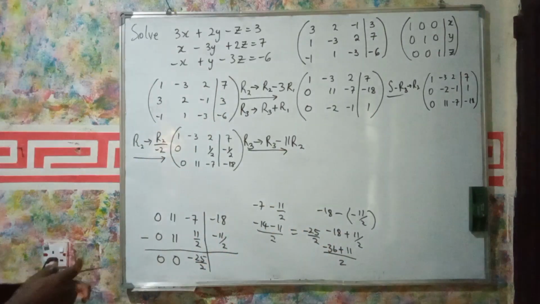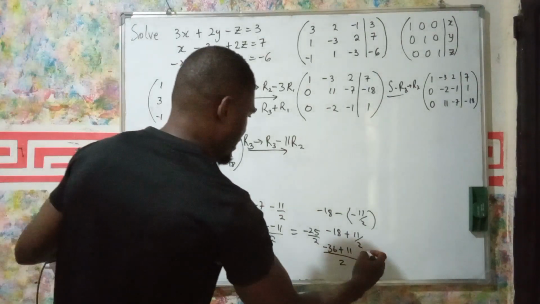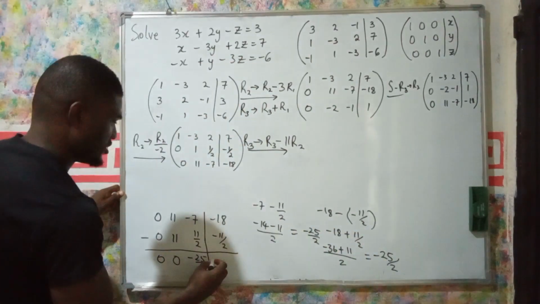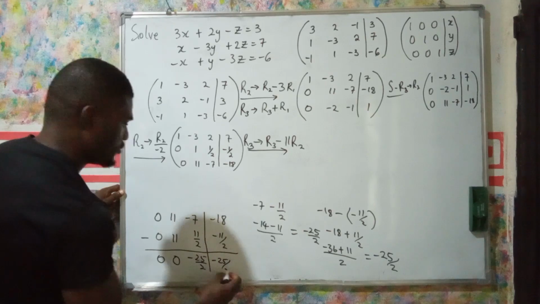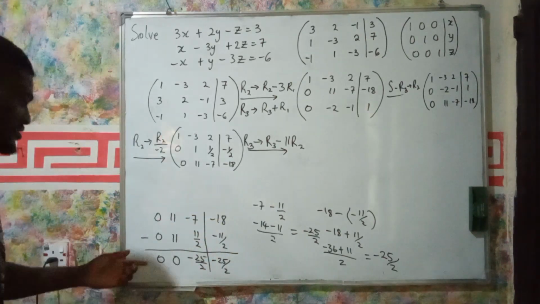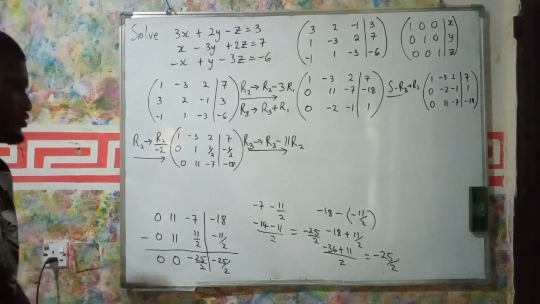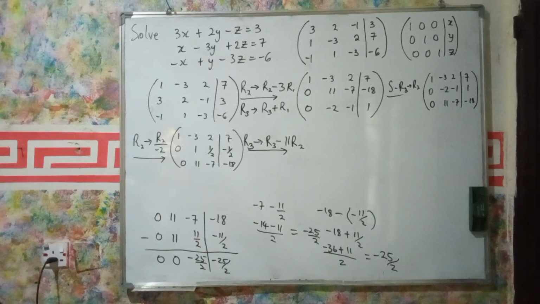So minus 36 plus 11 is minus 25. So we have minus 25 over 2. So the value here is minus 25 over 2. So what we have is 0, 0, minus 25 over 2, minus 25 over 2. That's now our new row 3.